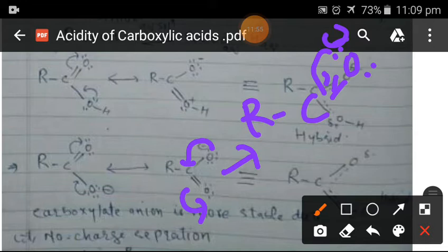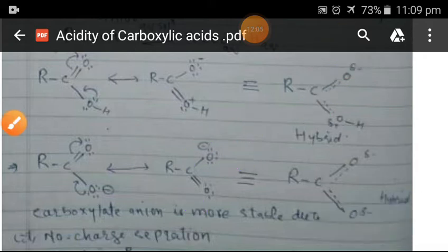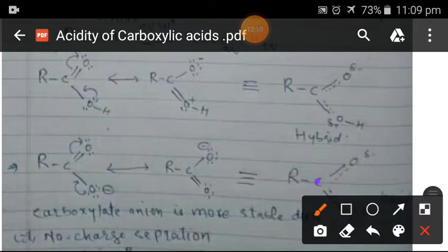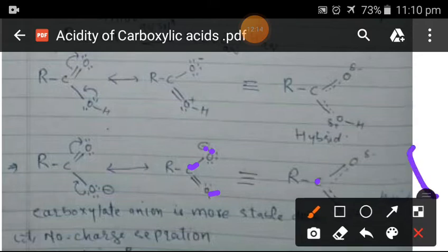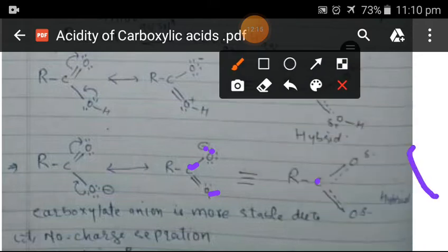So this pi bond and negative charge come under resonance with three atoms, that is carbon, oxygen and oxygen. Clear? This results in the formation of this resonance hybrid.